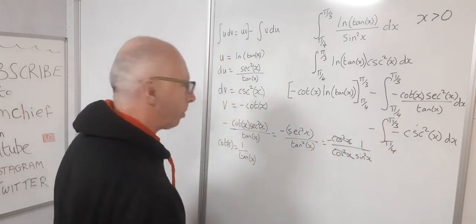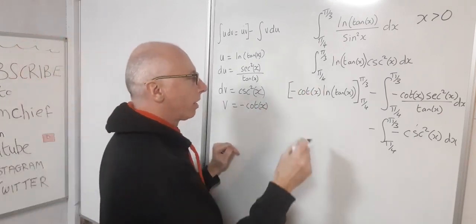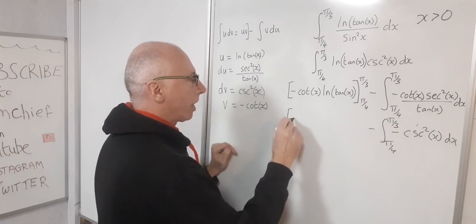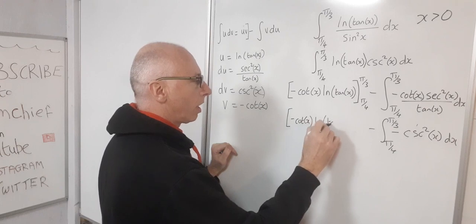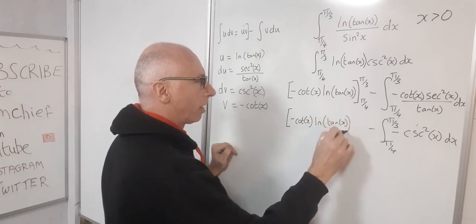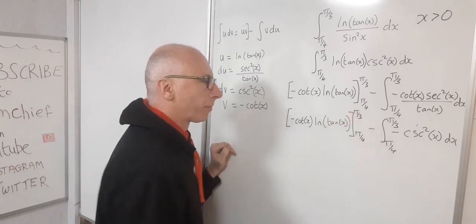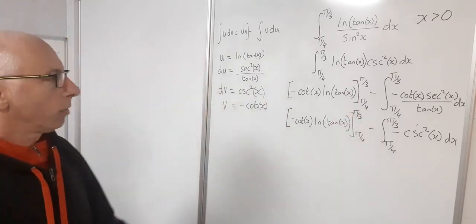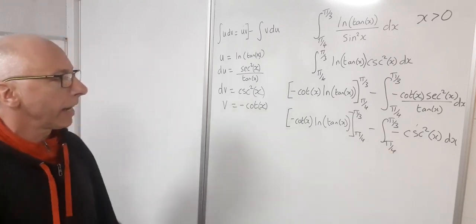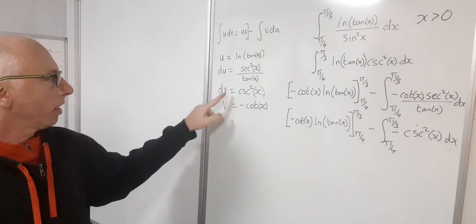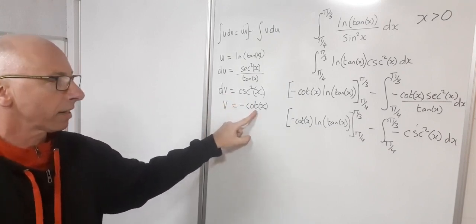Now let's take this off the board and bring down these calculations here. So now I've got negative cotangent of x times the logarithm of tangent of x, pi over 4 to pi over 3. Okay, we did this integral here, cosecant squared of x dx, earlier: dv was cosecant squared of x, and v was negative cotangent x.